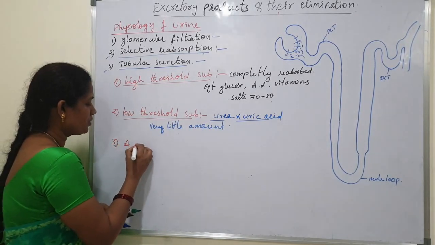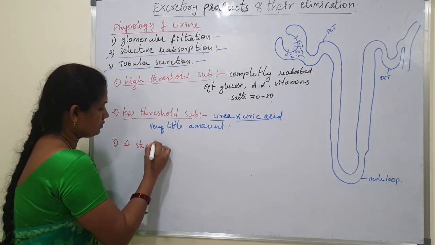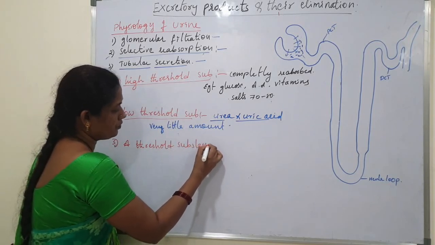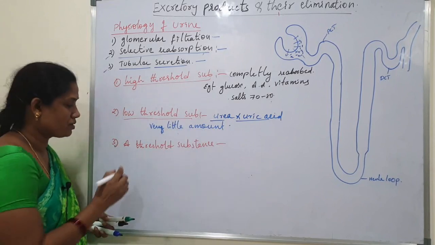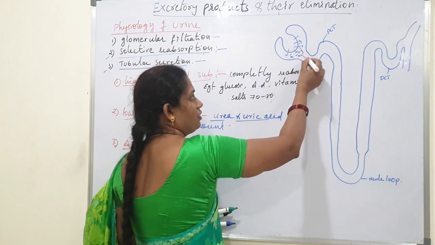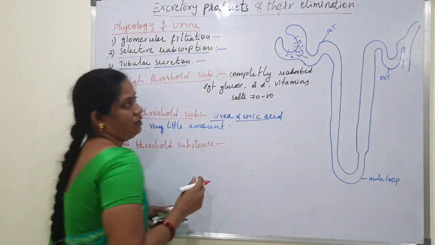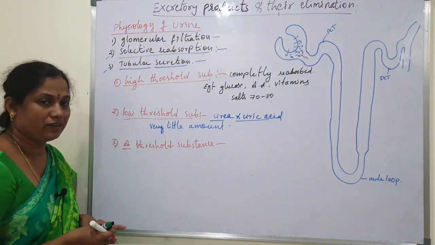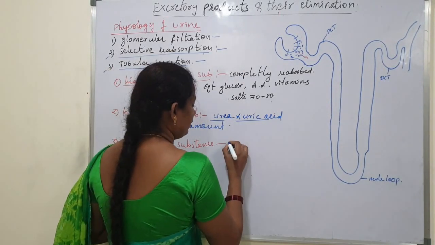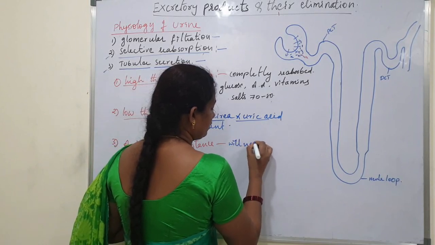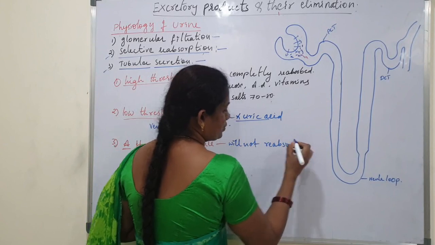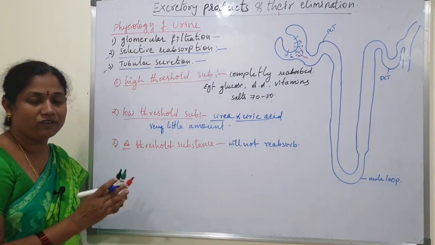Next, the third one, A threshold substances. A means absent. Once they are formed in the filtrate, they never get reabsorbed.